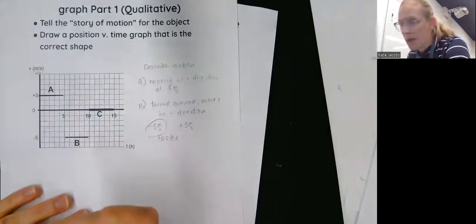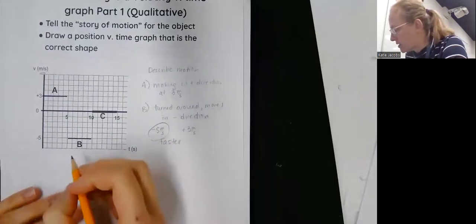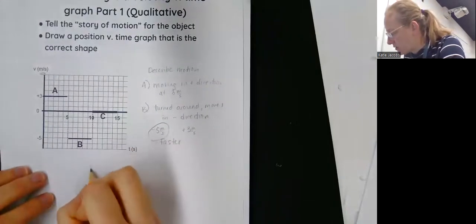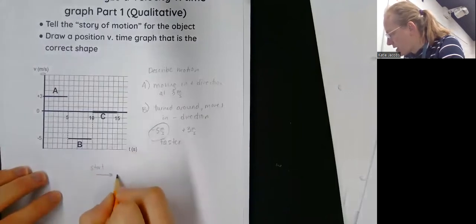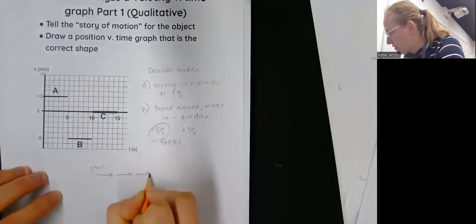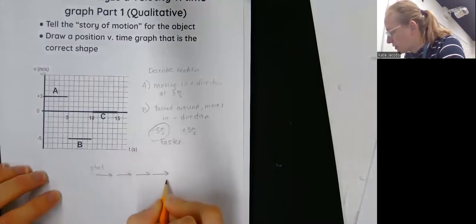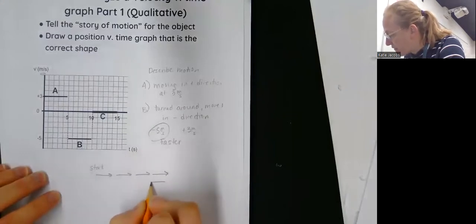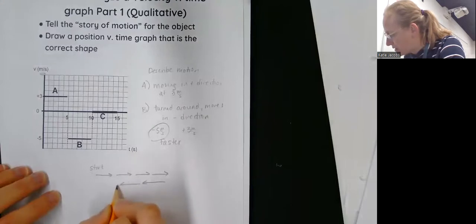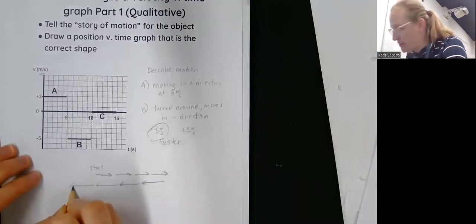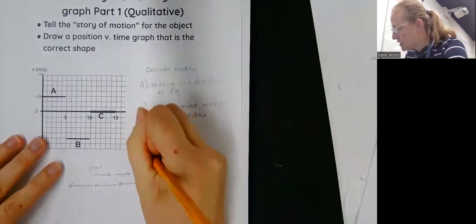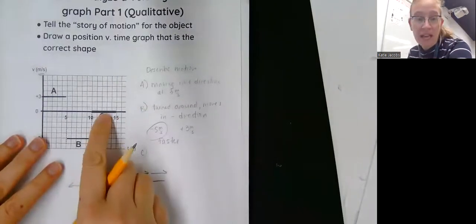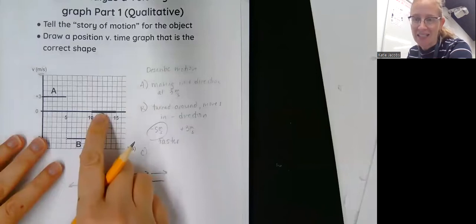If I think about the motion of the object, let's say here's where I start. For segment A, it's moving to the right at 3 meters per second. Then it turns around and it's moving faster to the left at -5 meters per second. During segment C, it is on the x-axis.